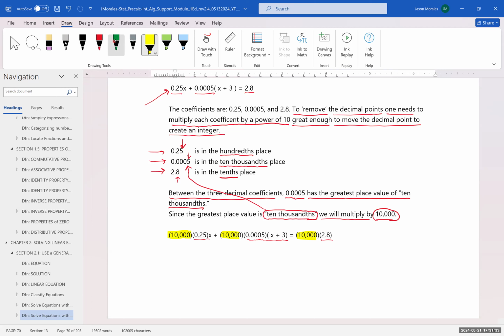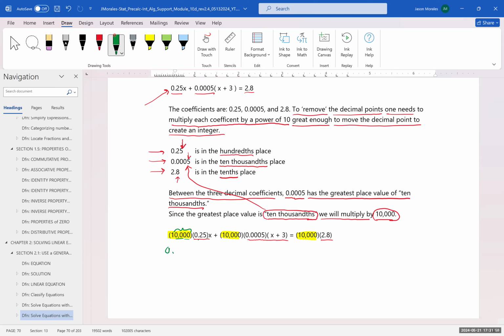And if you recall the decimals section that we learned earlier, remember that you're going to move the decimal point to the right equal to the number of zeros. So 10,000 has 4 zeros. So we're just going to move the decimal point 4 spaces to the right.